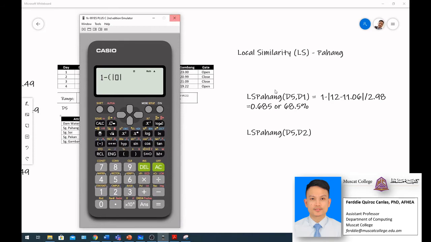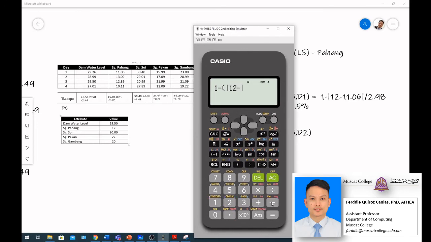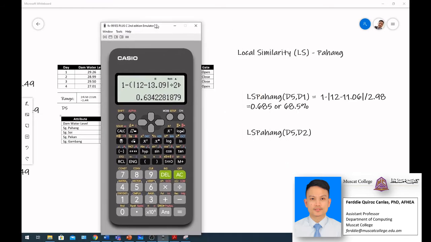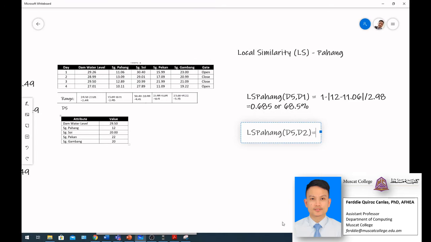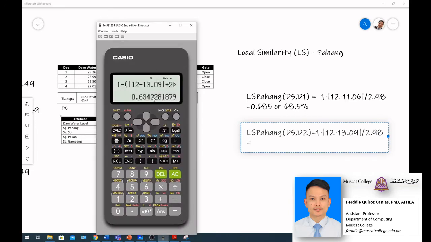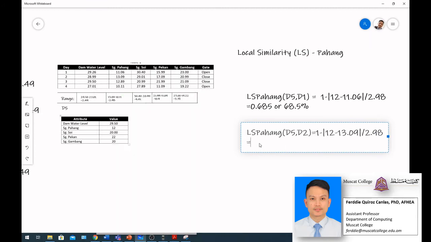So we have here 12 minus 13.09, go out, divide by 2.98. We will get 0.634. This is what I've got. 63.4%.